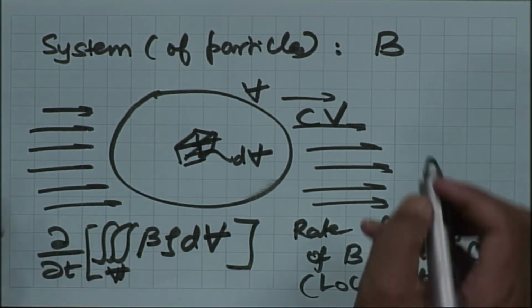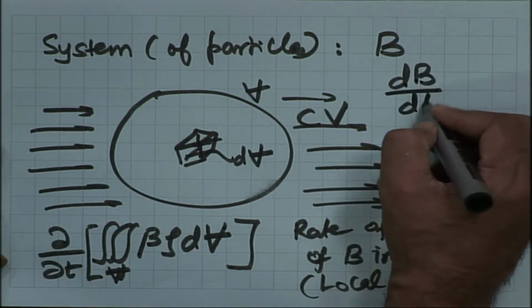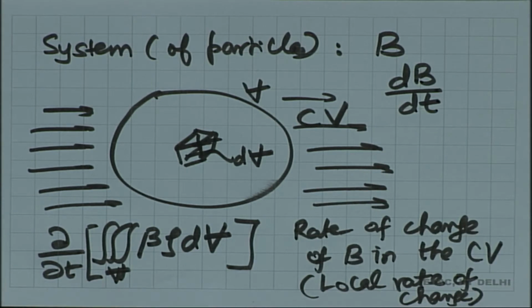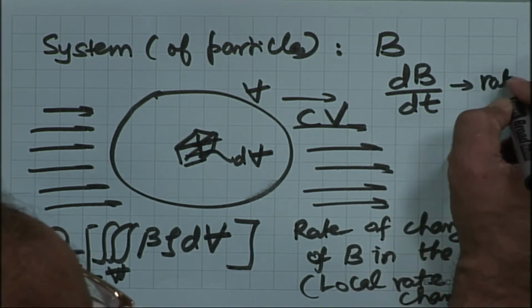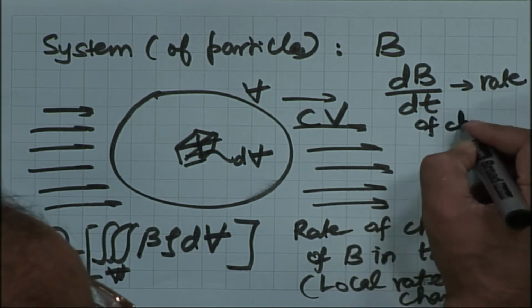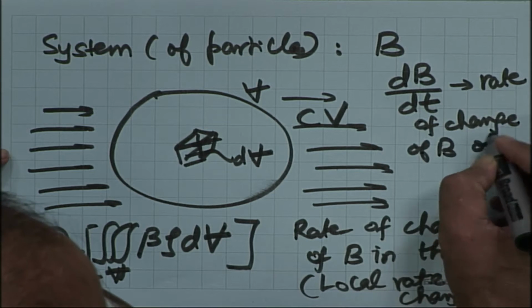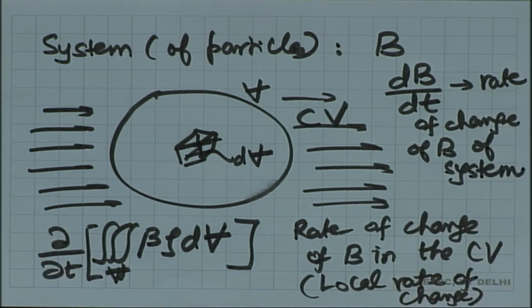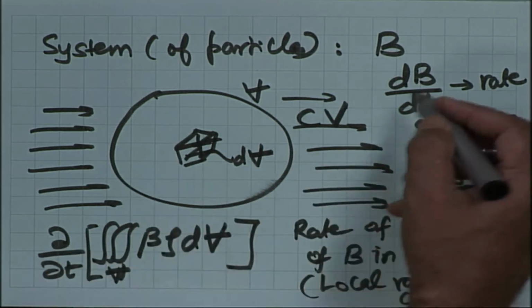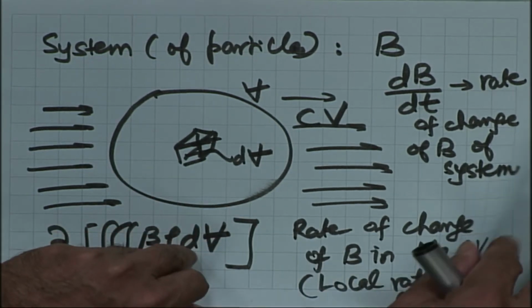The other quantity which we are looking at is dB by dt, which is the rate of change of B of the system. And just in a minute, when I start deriving, the difference between these two things will become very, very clear.